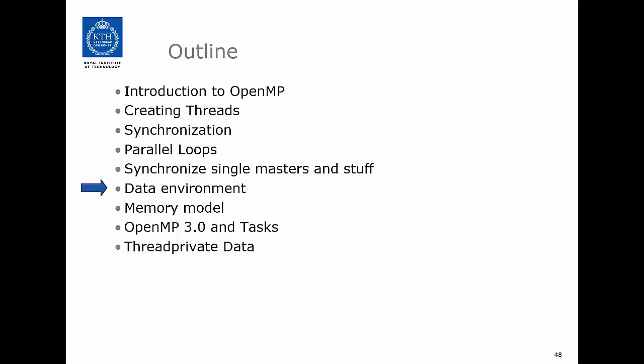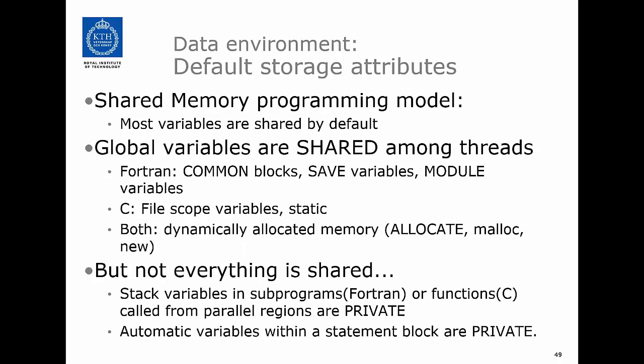Now we're going to look at the data environment, how we can modify where data is stored and how it can be shared or privatized and so on. So the default environment of data is that data is shared. Most variables are shared by default. For instance, global variables are shared by default.